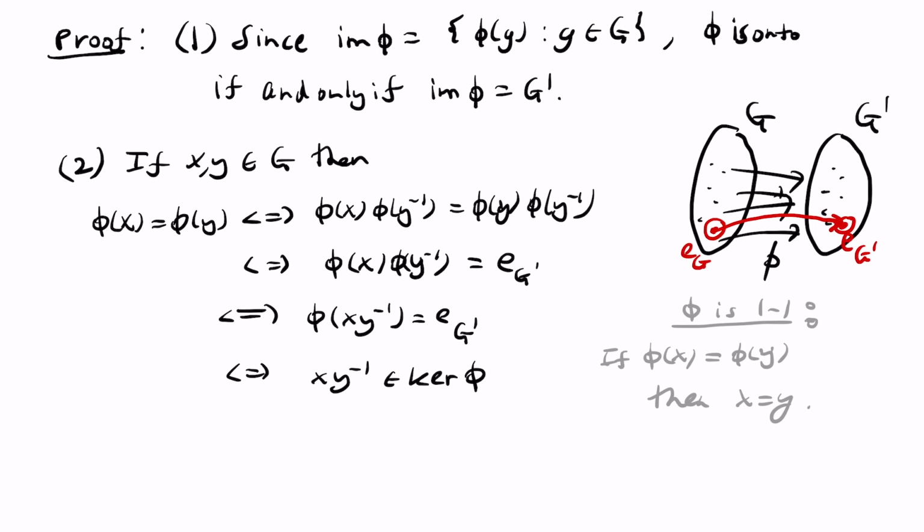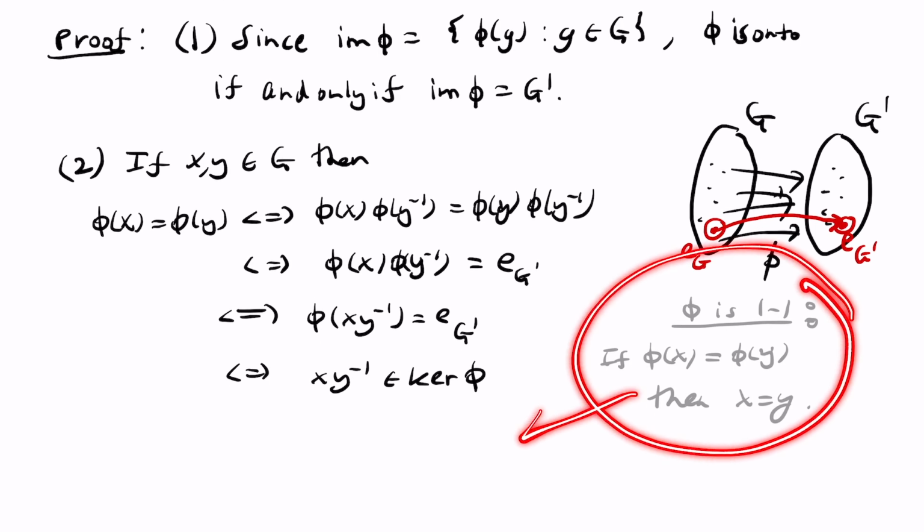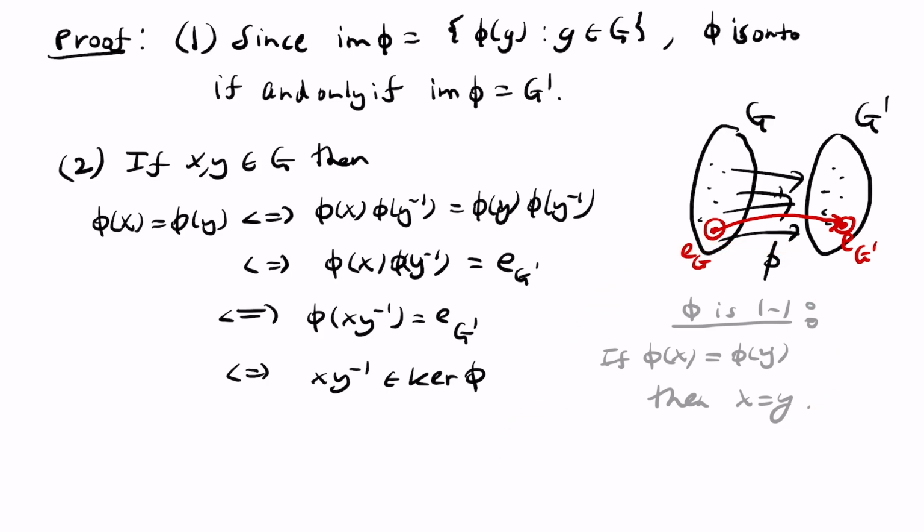So now if we actually want to show that phi is 1-to-1, we can do something a little bit different.